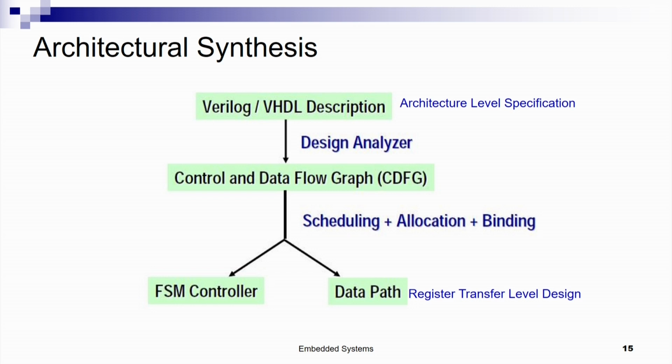This CDFG is then transformed into the FSM controller and data path at the RTL level through a set of processes called scheduling, allocation and binding, which we will also look at today. What are they?